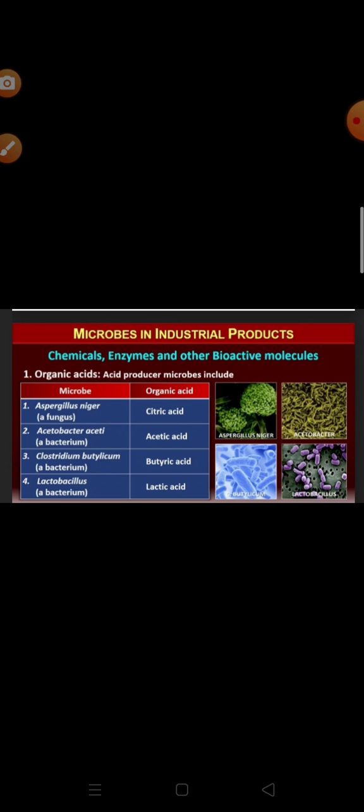So these are the organic acids which are produced by using different types of microbes. Apart from that, ethanol is also produced by Saccharomyces cerevisiae, which is yeast. Clear?